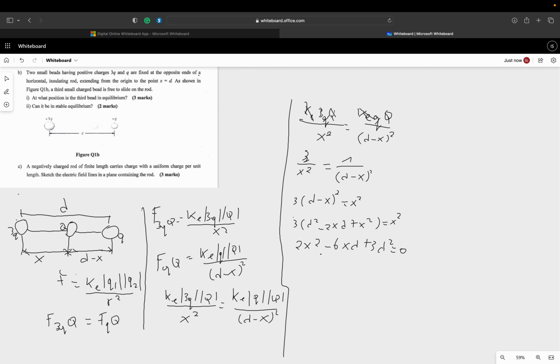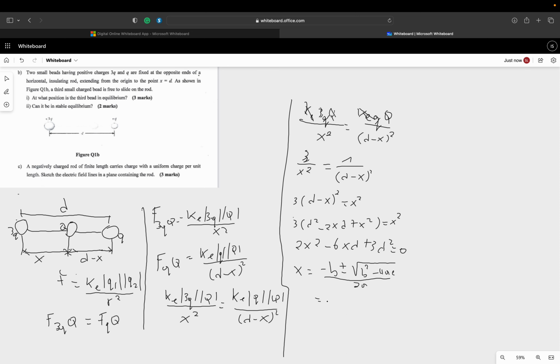Now as you can see, we have a quadratic equation in terms of x, because x is the equilibrium distance we are looking for. So we can solve for x using the quadratic formula, which says x equals minus b plus or minus the square root of b squared minus 4ac, all over 2a.